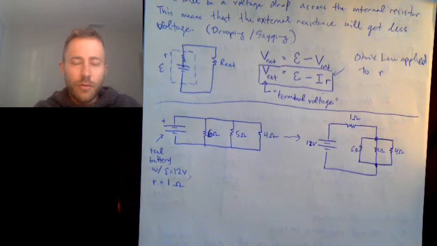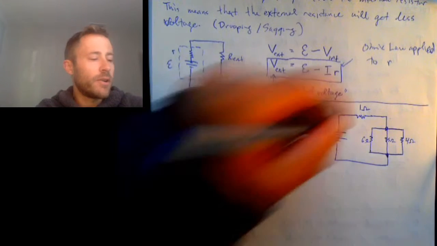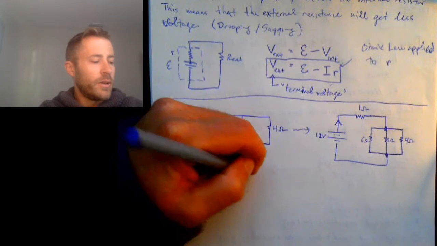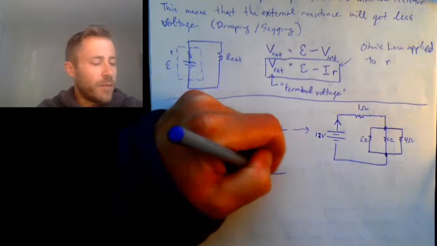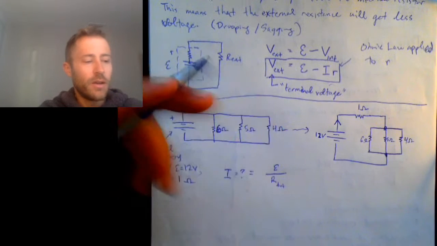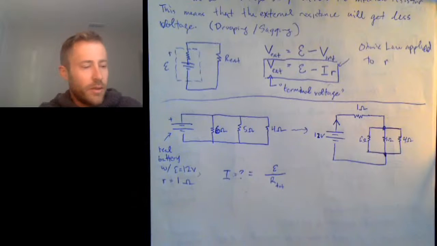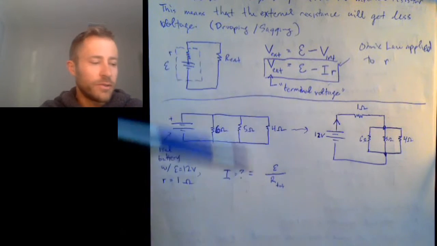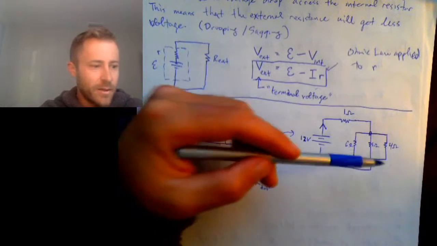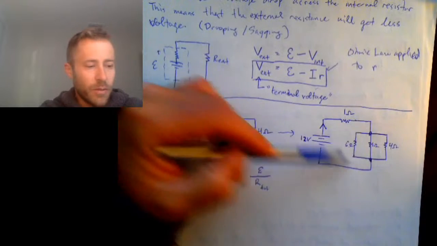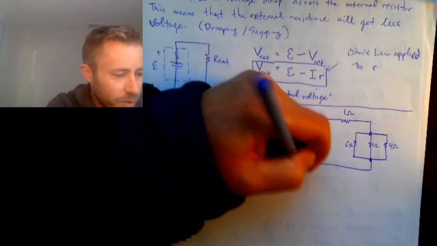So the first thing I want to do is figure out how much current is going to flow out of the battery. The current that flows out of the battery is going to be the EMF divided by the total resistance, including the internal resistance. Now, hopefully you can see by this point that this circuit is 3 resistors in parallel, and then we combine those, and that is in series with the 1 ohm. So I'm just going to write that all in one step.